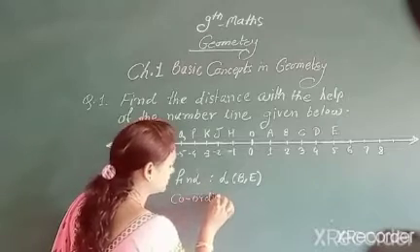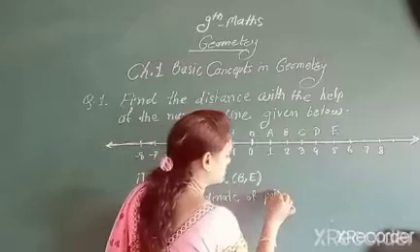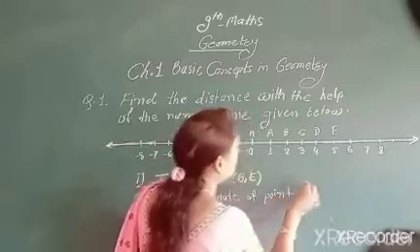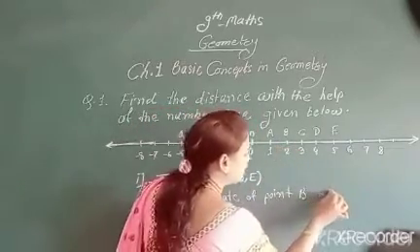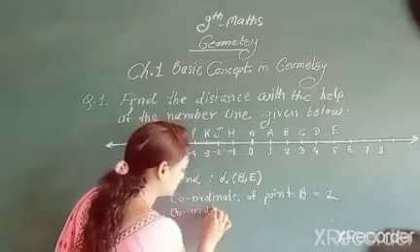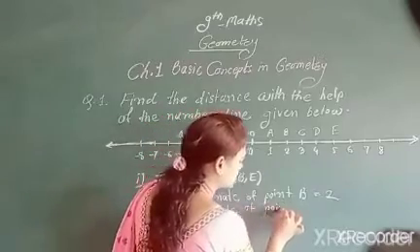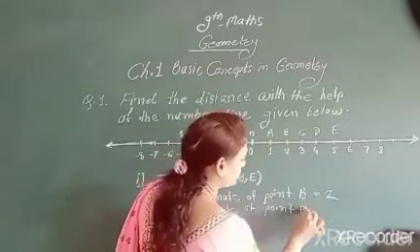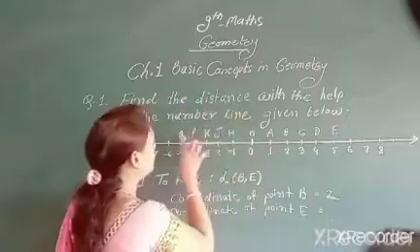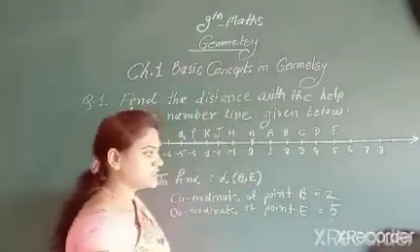Coordinate of point B is 2. Then coordinate of point E is 5. Which one is the greater?